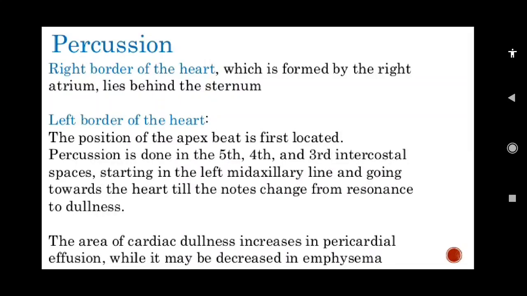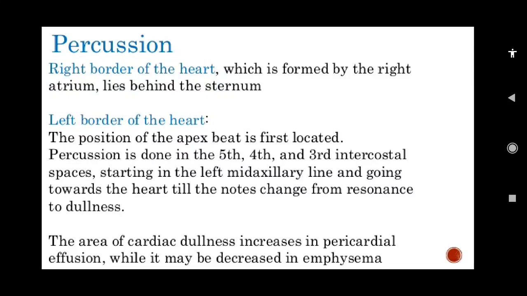And for the left border of the heart, the position of the apex beat should first be located, and percussion is done in the fifth, fourth and third intercostal spaces, starting in the left mid-axillary line and going towards the heart till the note changes from resonance to dullness.